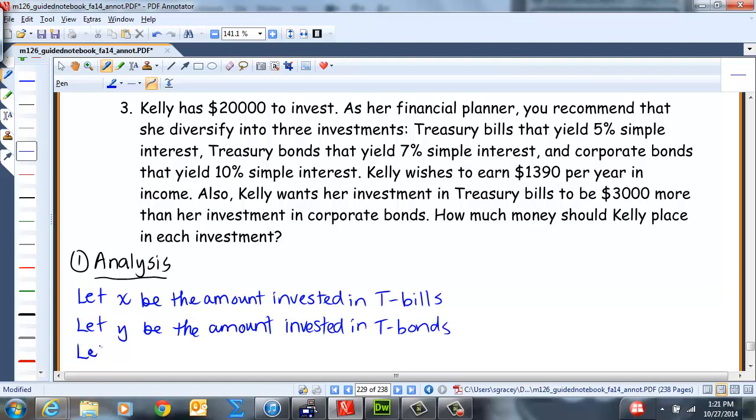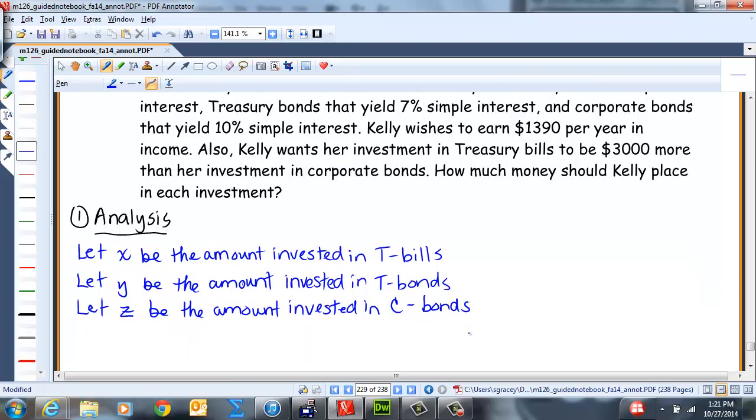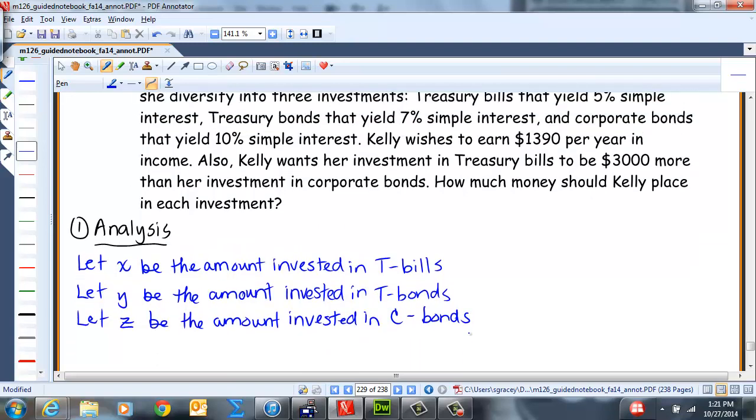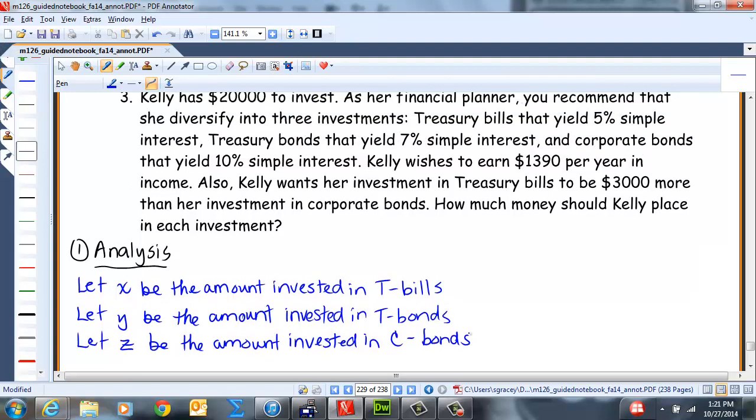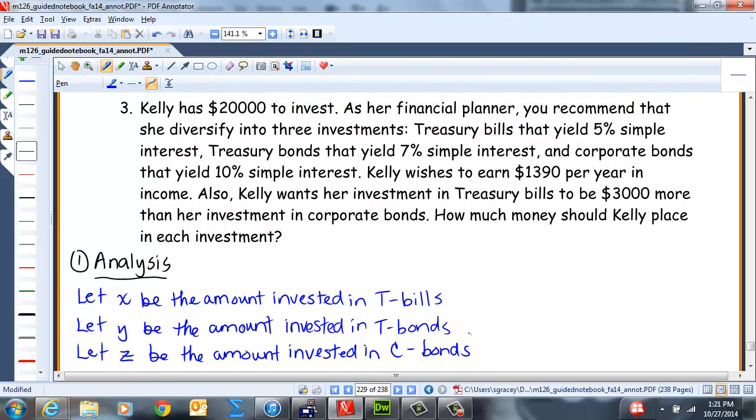And let Z be the amount invested in, what was it, corporate bonds? So we'll call them C bonds, corporate bonds. Okay, so let's see what we have. We'll do the translate to math over here.